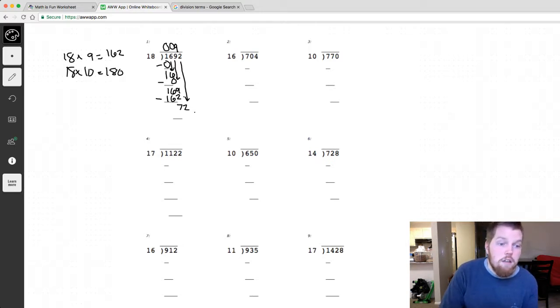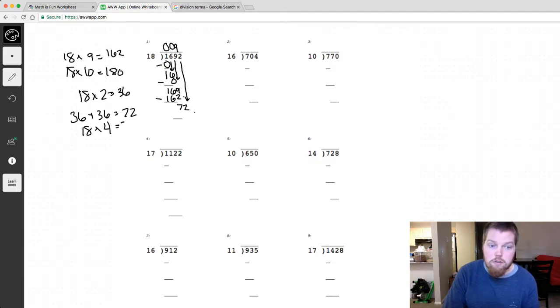So 18 times 2 is 36, and if I'm looking at 36 and 72, I can realize a relationship between them. 36 times 2 is 72. So 36 plus 36 is 72. So if 18 times 2 is 36, and 36 plus 36 is 72, then that means that 18 times 4 is 72.